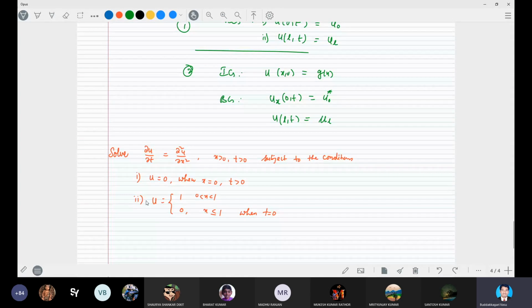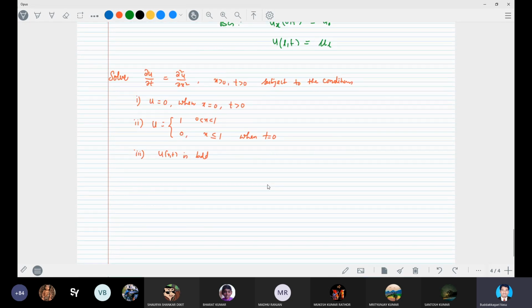This is the initial condition, right? Number 3, u(x, t) is bounded. Okay, these are the 3 conditions given. So we will do the problem. Here u(0, t) is given. This is the first condition, right?